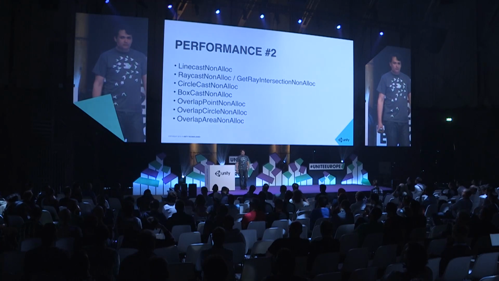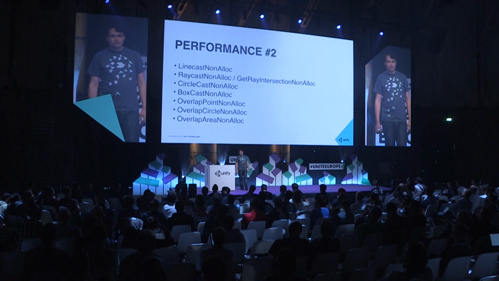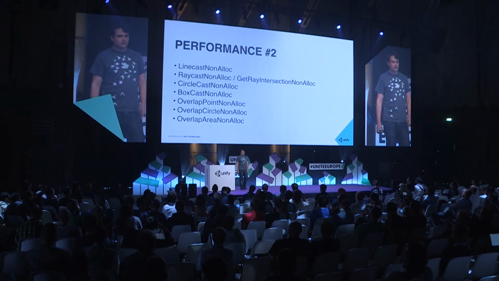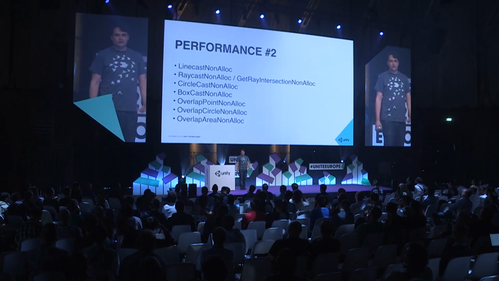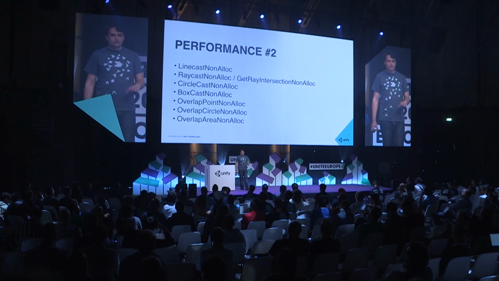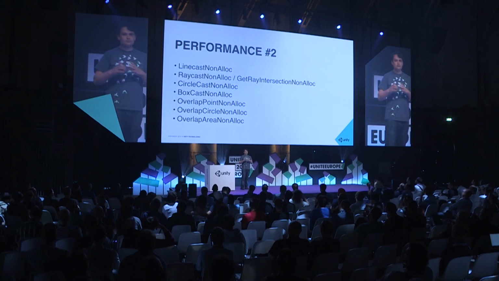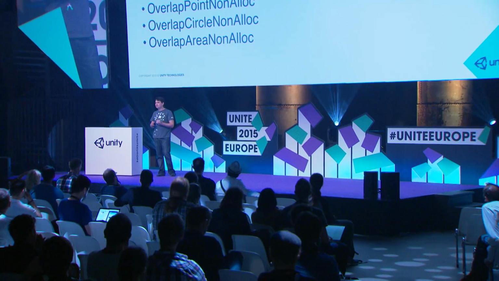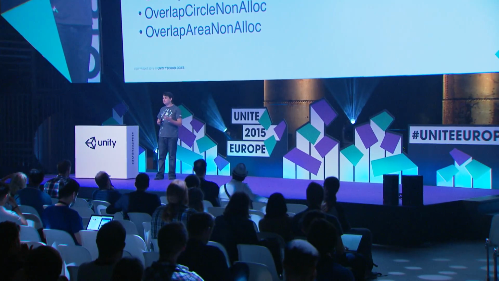Another thing that helps you increase performance is to make sure you use the non-allocating physics query APIs. If you have an inner loop and you want to optimize it, create the buffer which Box2D uses to output all of the results for a raycast, for instance.